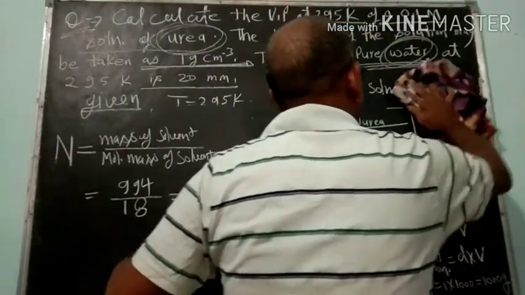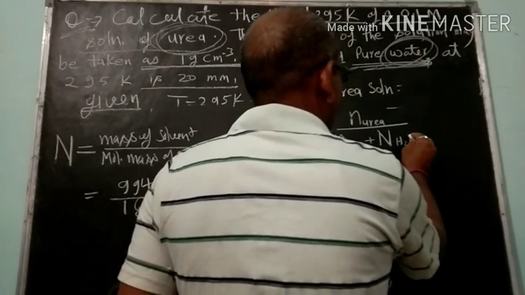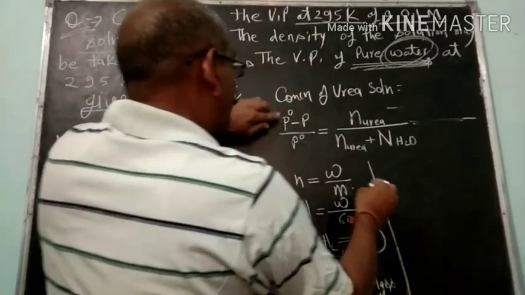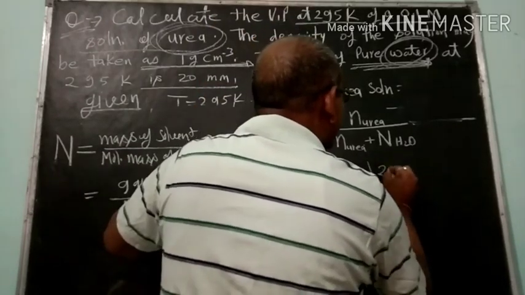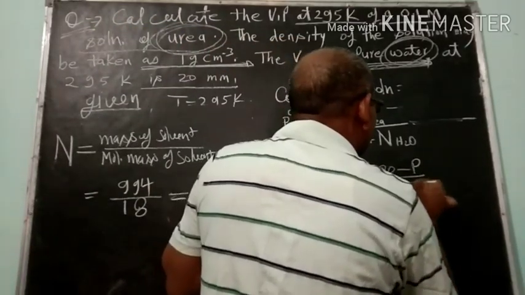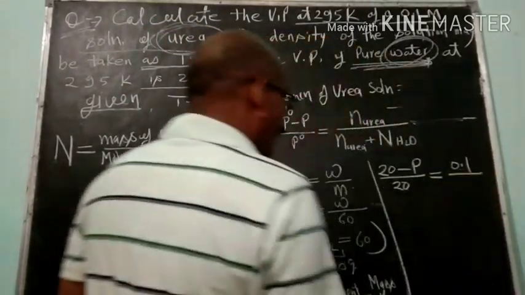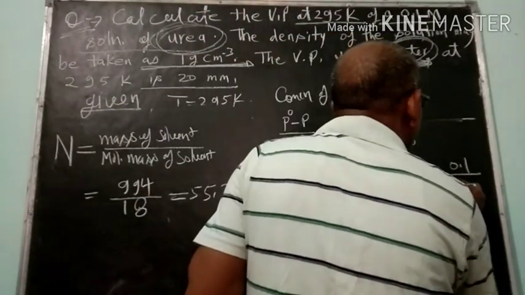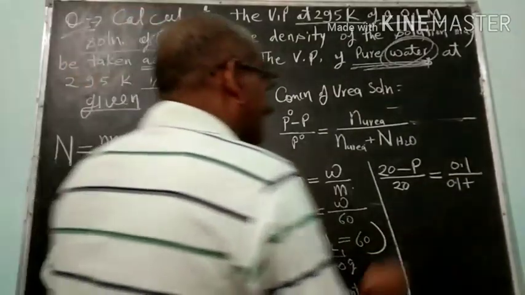And now after that, substitute the values in this formula. Here P naught was given, it was 20, minus P is to be calculated, over P naught.